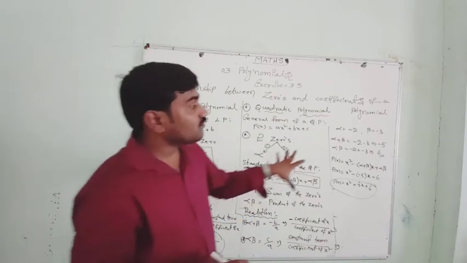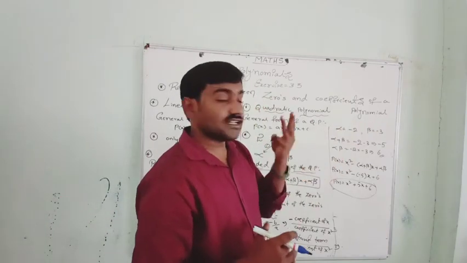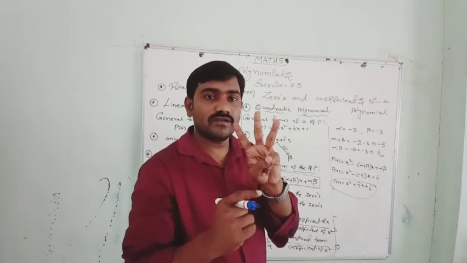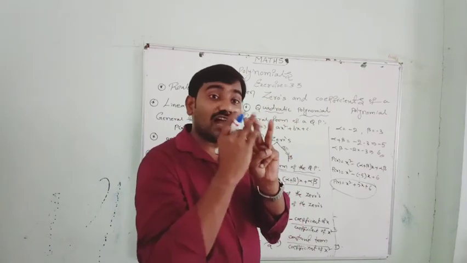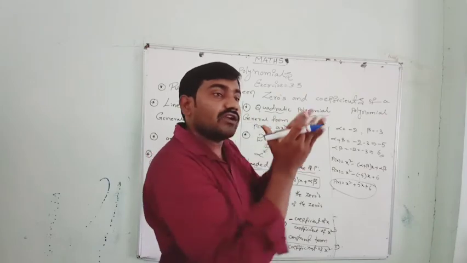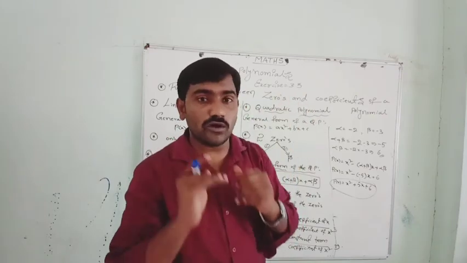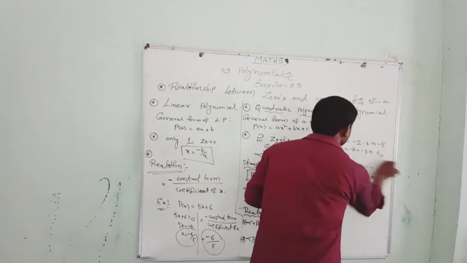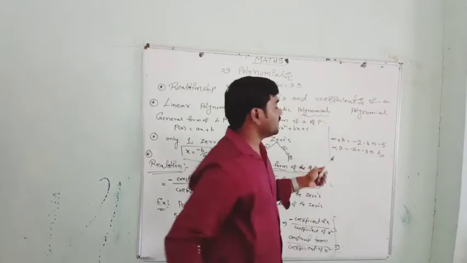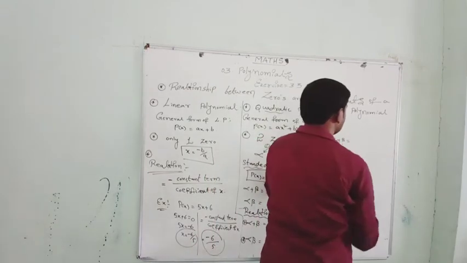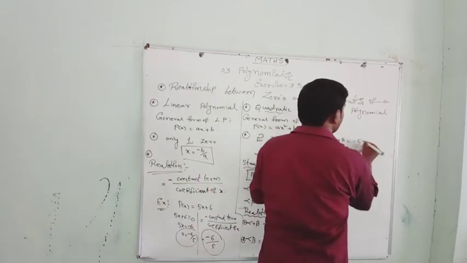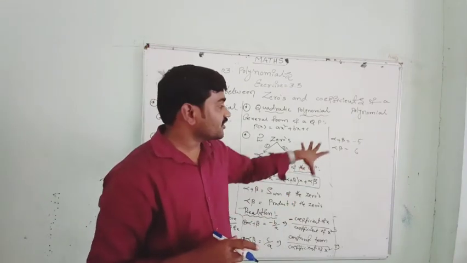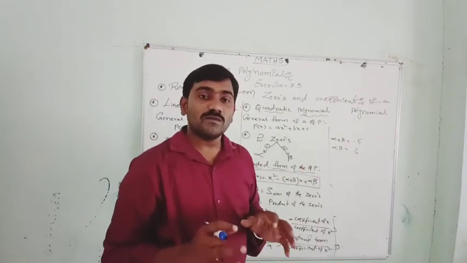And see, there is one more here. There are three ways we can do it. When they give a quadratic polynomial, we can find the zeros. If they give the zeros alpha and beta separately, we can form a quadratic polynomial like this. And sometimes they will give the question like this: only the sum of the zeros as minus 5 and the product of the zeros as 6.